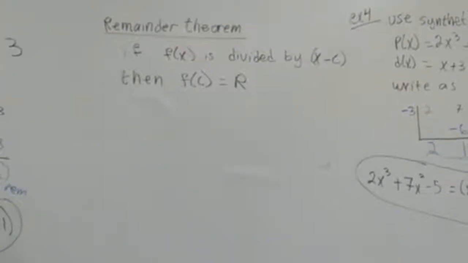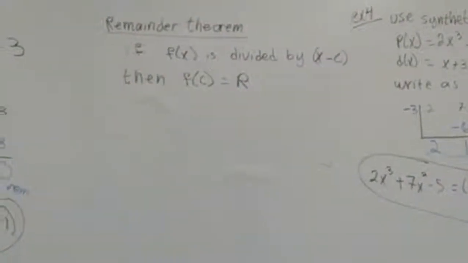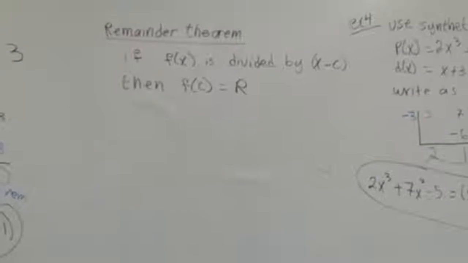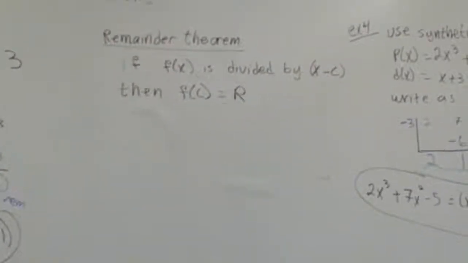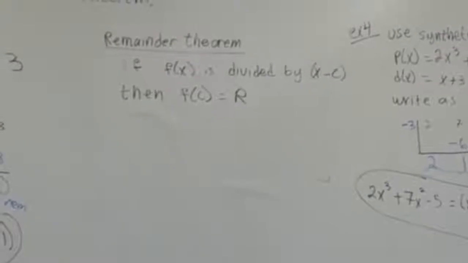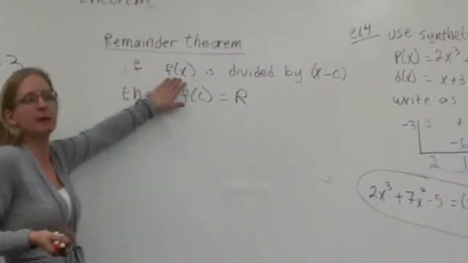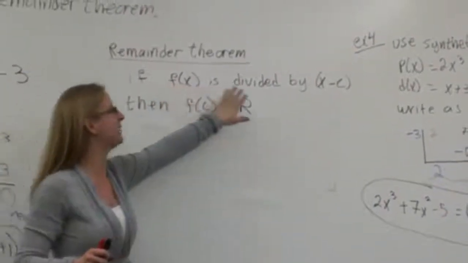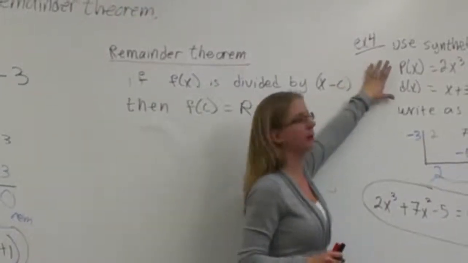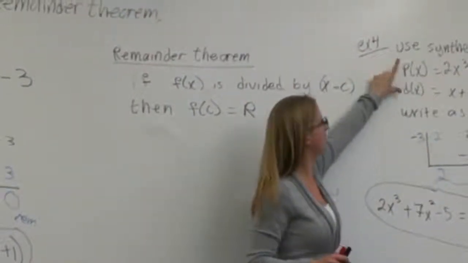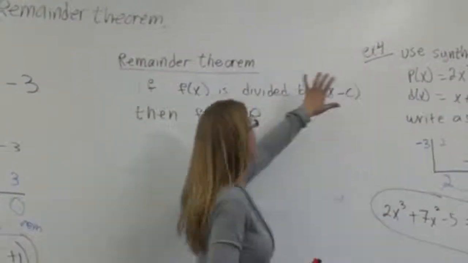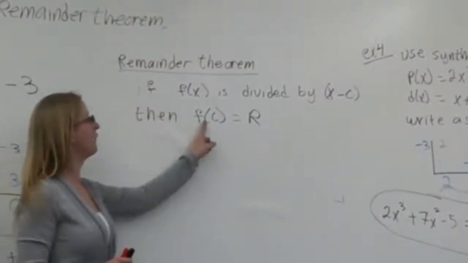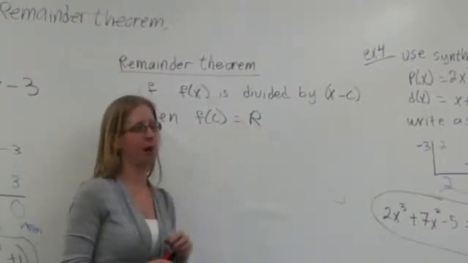Let me explain what it means. I'm not asking you to just put flashcards on this and memorize it. I mean, you can. It's probably worth your time. But really, we have to know what it means. What does that represent? f of x is my polynomial function, and I divided it by x minus c, just like I did here. If I did that, then f of c equals r.